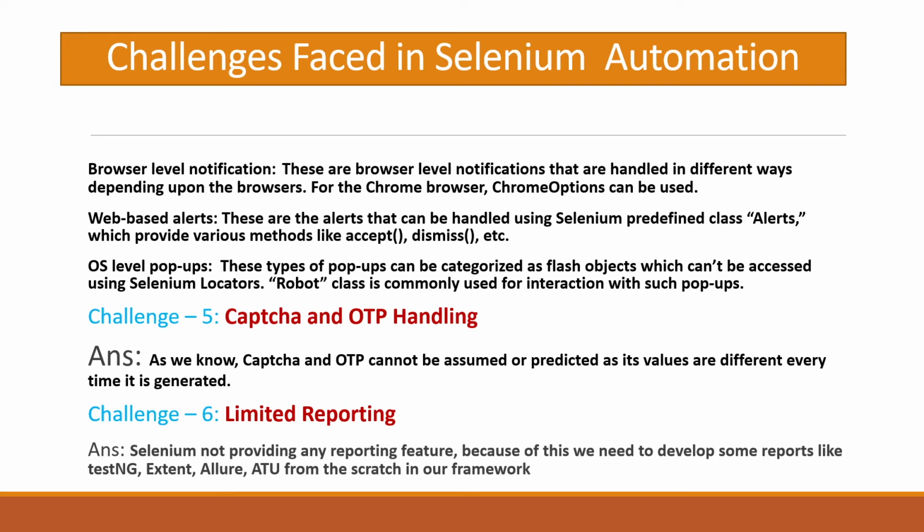So where can we design our reporting? Inside our framework. We have to design some kind of report, that is Extent report, or TestNG report, or ATU report, or Allure report. We have to design it externally.